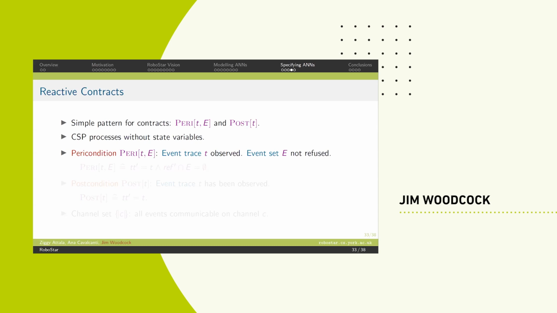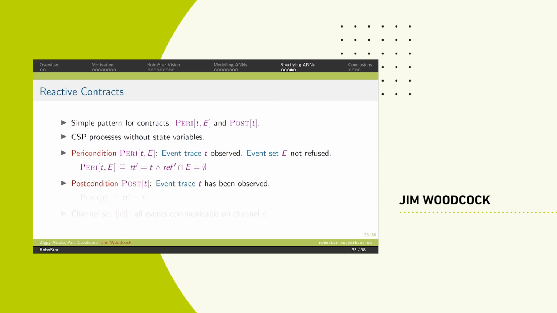So the peri-condition says we've seen the event trace T, and we're not refusing any of the events in E. So E is an acceptance set. And there's the meaning. Peri T E is tt dash, that's what this process has done, is the whole of T. And the refusal set dashed, intersected with E, is empty.